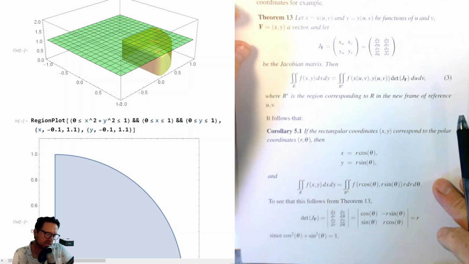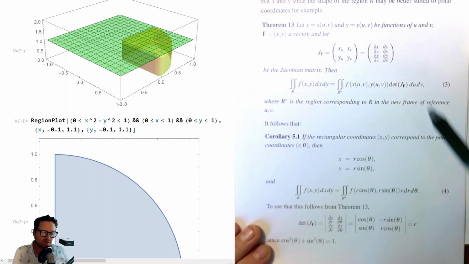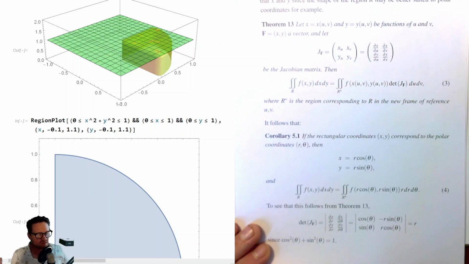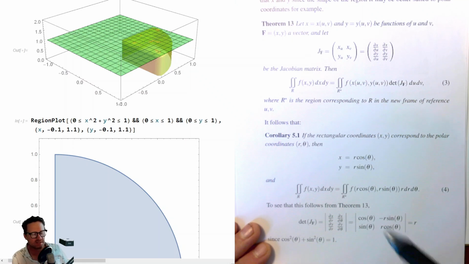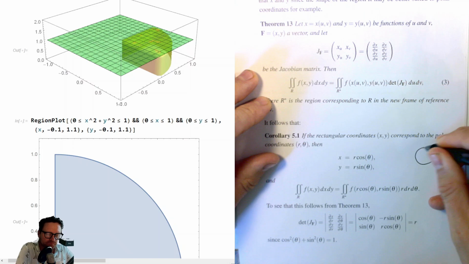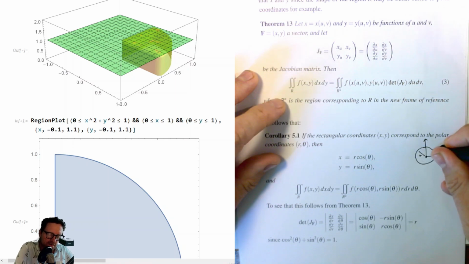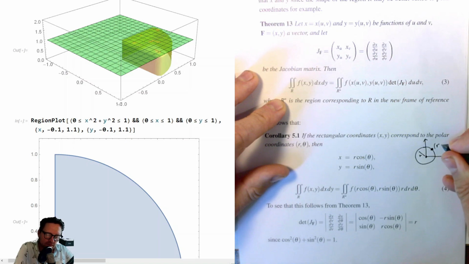So it follows that we've got the following corollary. In other words, a consequence of this result. So if we have polar coordinates, now remember that points on the circle of radius r and center 0, 0 have points parametrized by r cos theta, comma r sine theta.